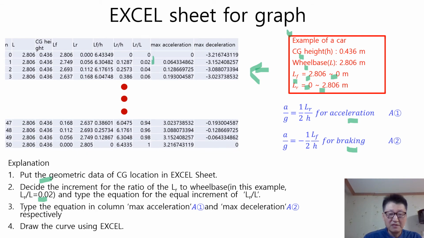And then type the equation for the equal increment of the ratio of L sub r to L. In the next step, type the equation in the column max acceleration and the max deceleration by the two equations A1 and A2. And finally, we can draw the curve using Excel.